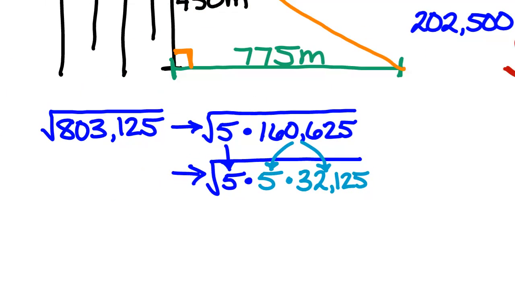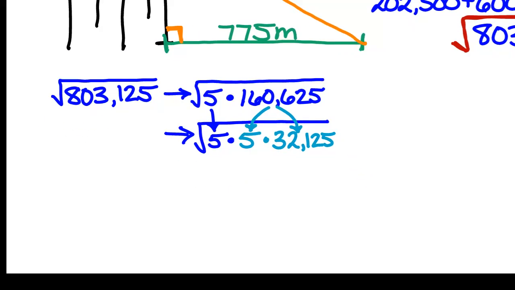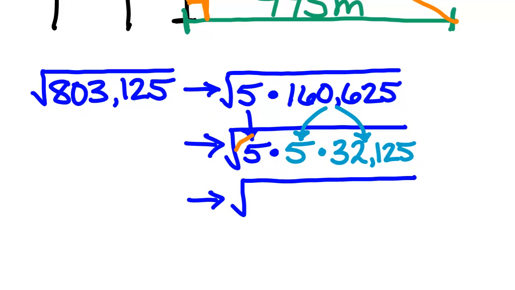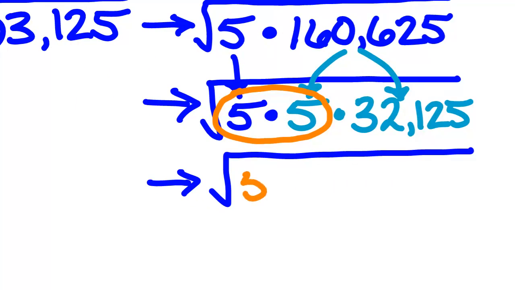These two light blue numbers multiplied together gives me that 160,625. All right, let's see if we can break this down any more. First thing I notice, though, is look at this. I have a 5 times 5 here. What do we do when we multiply a number by itself? What do we call that? Squared. So that's 5 squared.